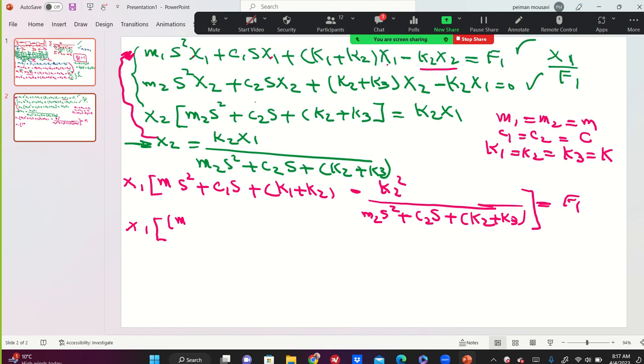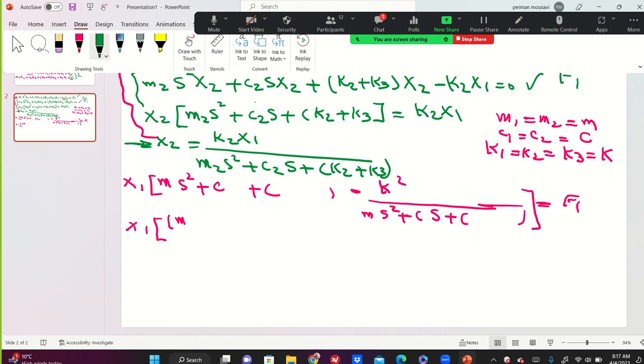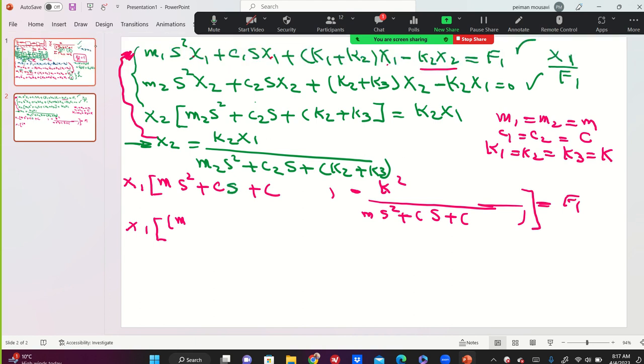So this is gonna be m and k. I'm gonna delete this, delete this, and delete this. So what we're gonna have is cs plus 2k, and this is gonna be k squared. Everybody agree? Yes? Answer is yes.